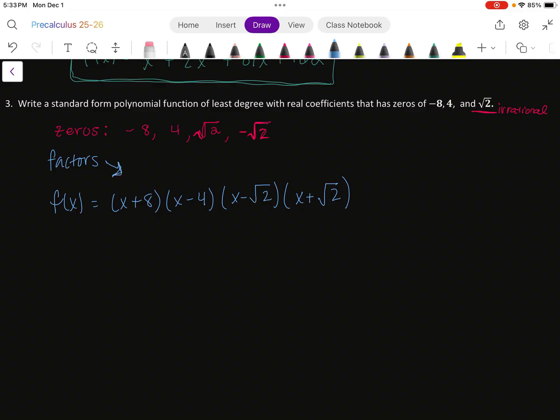All right. Best process is to multiply these and then multiply these guys. Actually, I'll start with these guys and then do this.